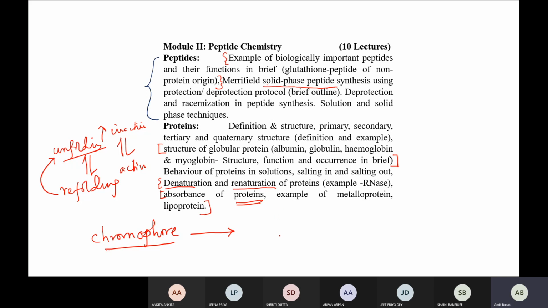Remember, the chromophore will be in R. If it is there at all, that has to be in the group R. So which amino acids have groups with unsaturation, with double bonds, especially carbon-carbon double bonds, because C=C double bonds are easy to excite? There are 3 amino acids like that.